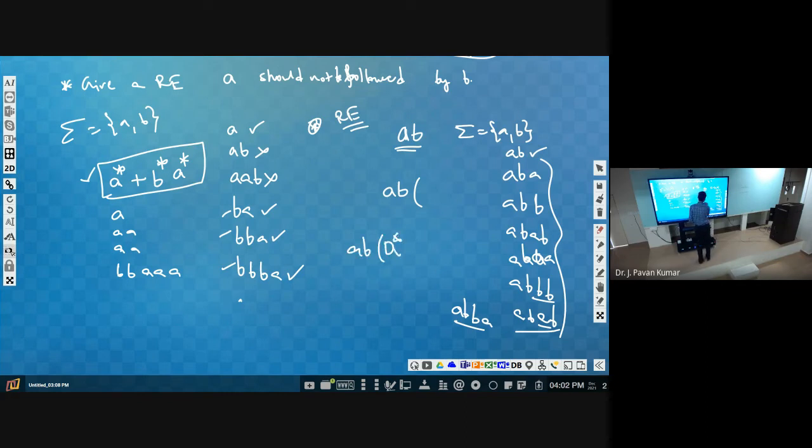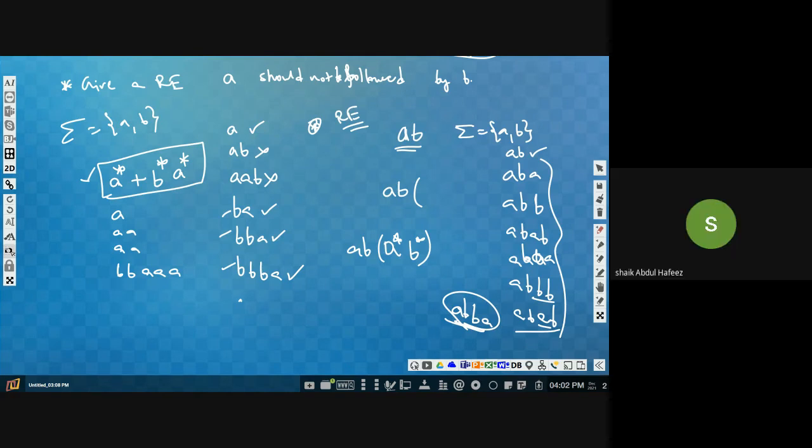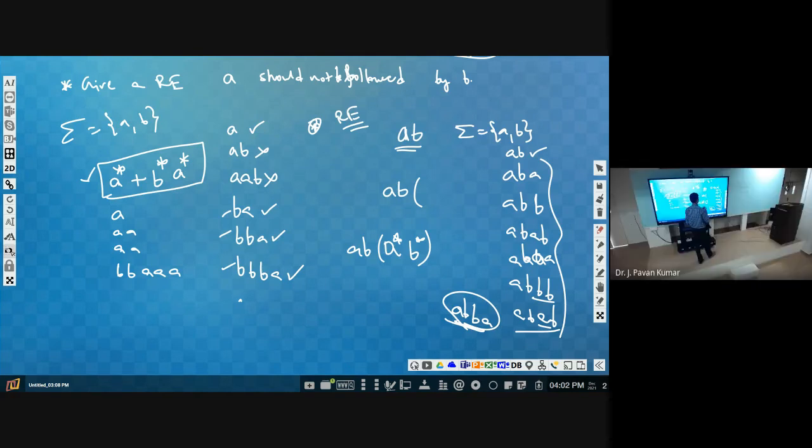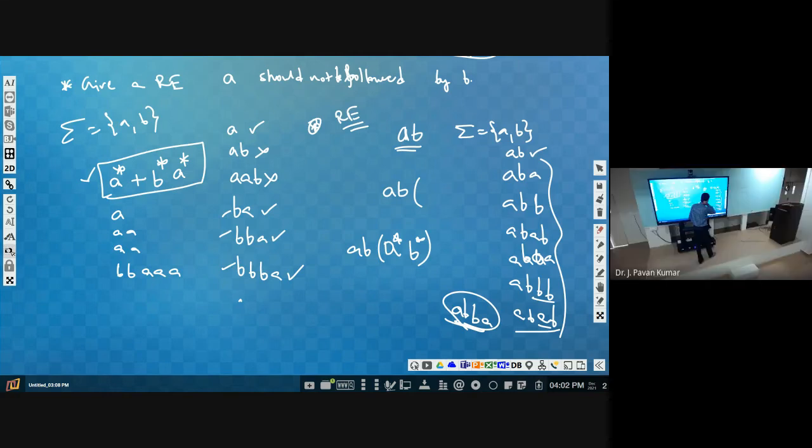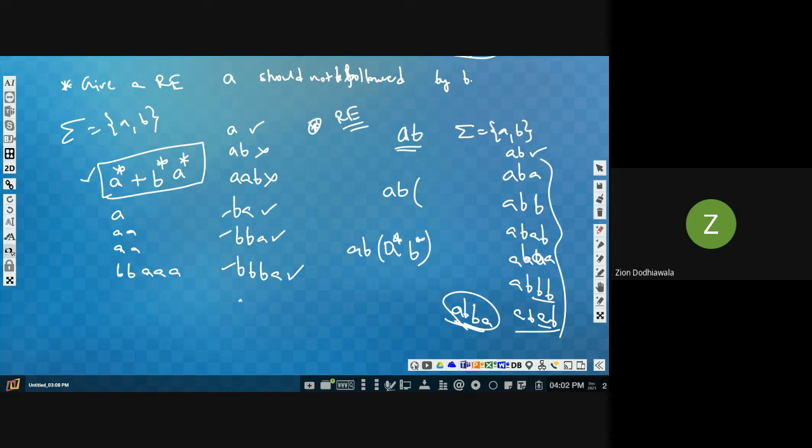With A star into B star, it is not being generated, yes or no? Sir, for the previous question, ABA is also possible, no? A star plus B star AB.